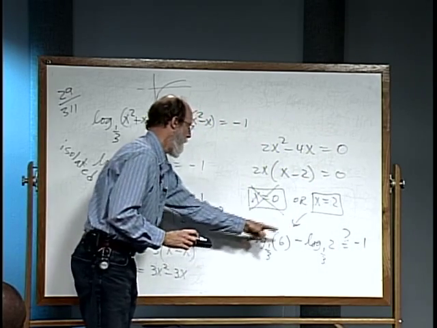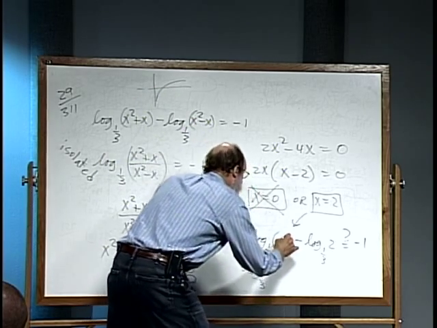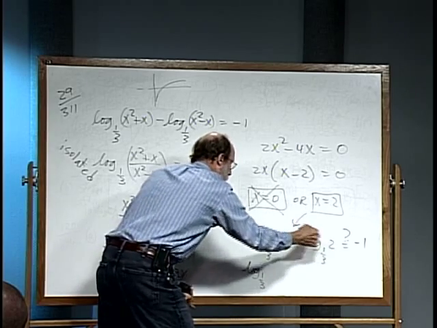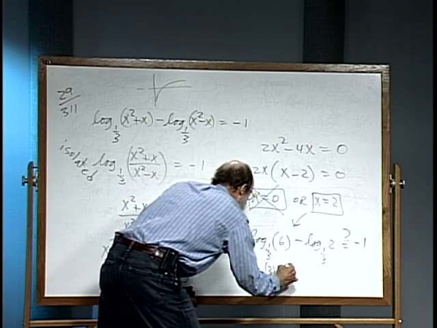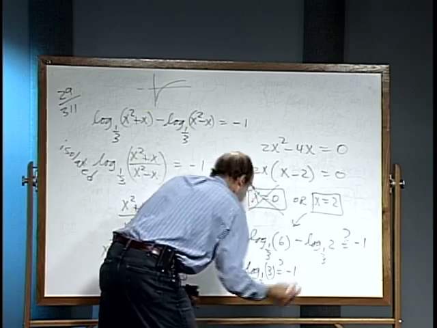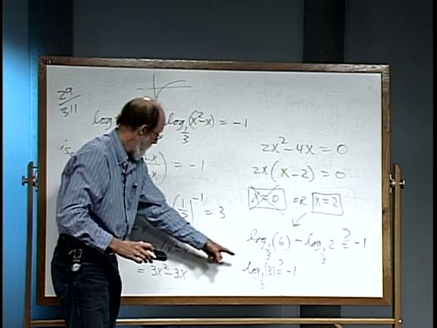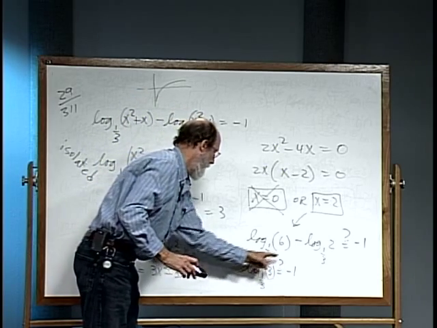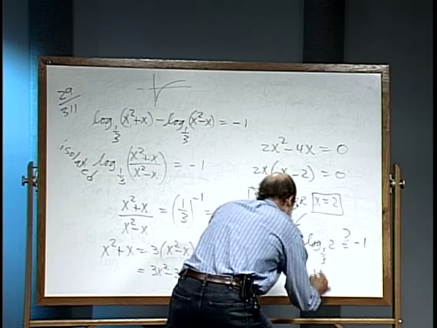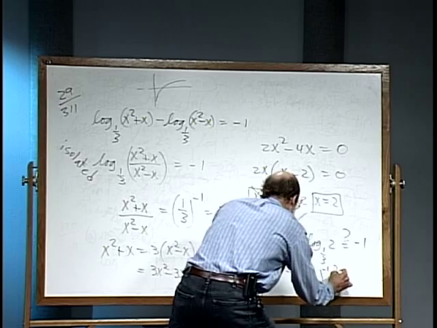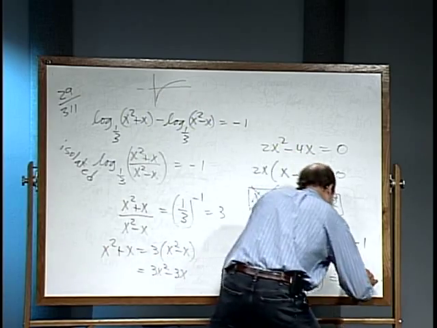What I would do is collapse this into a single logarithm: log base 1/3 of 6 over 2, because we have the subtraction of the logs, and 6 divided by 2 is 3. Is that equal to -1? Write this in exponent form. The exponent is -1, so is 1/3 to the -1 equal to 3?